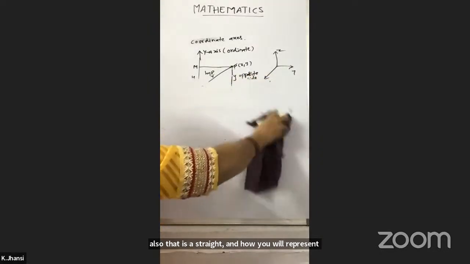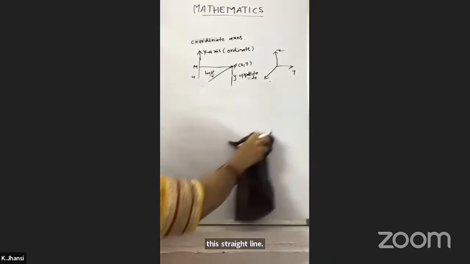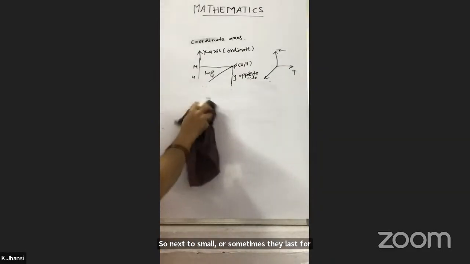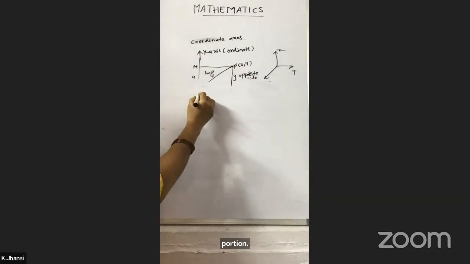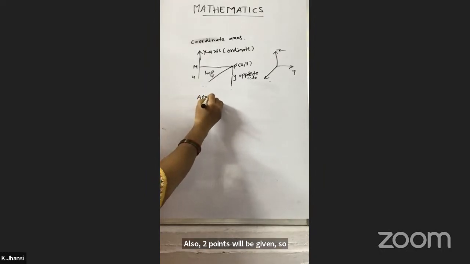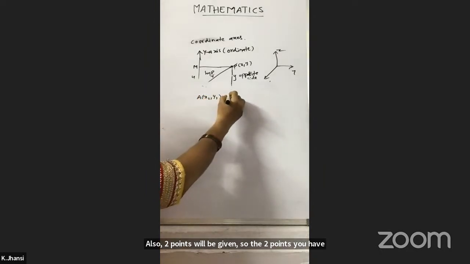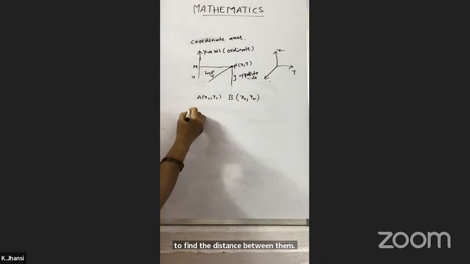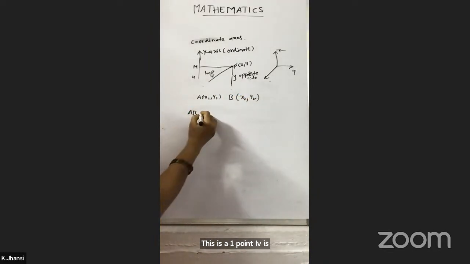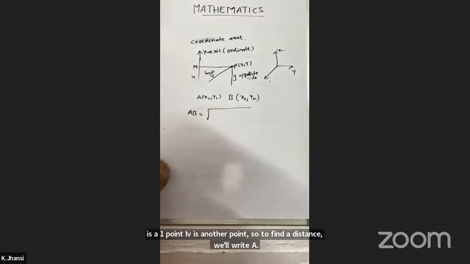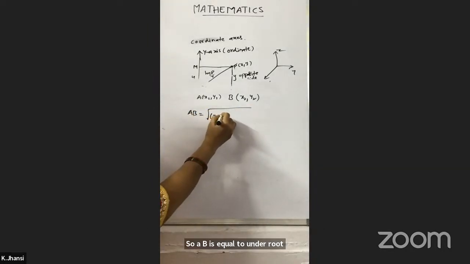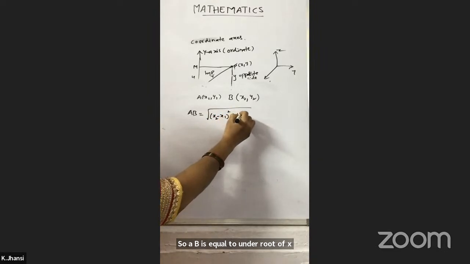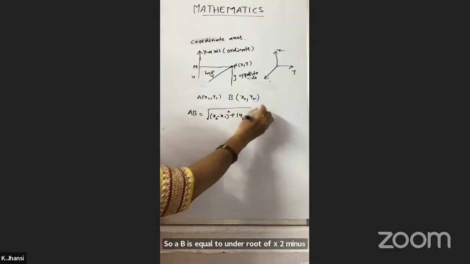Sometimes they will ask a 5 marks question also, where 2 points will be given and you have to find the distance between them. This is one point A and B is another point. To find the distance, we write AB, which equals under root of (x2 minus x1) whole square plus (y2 minus y1) whole square.